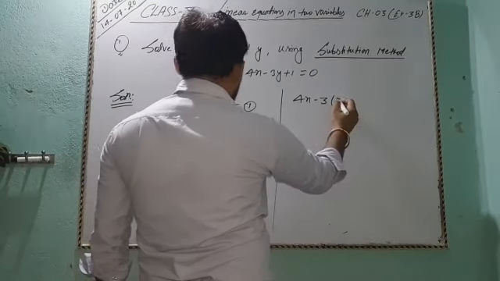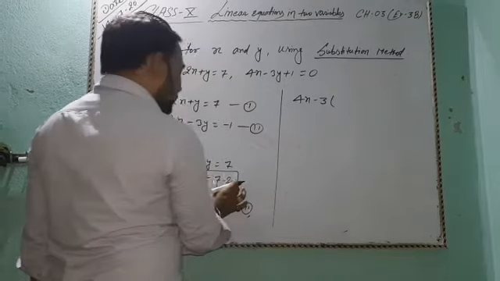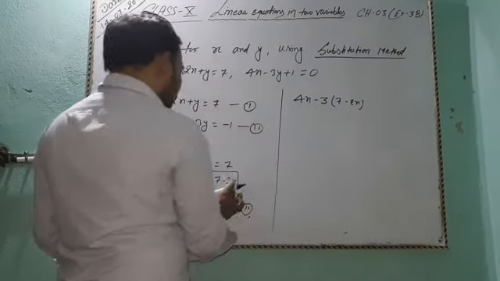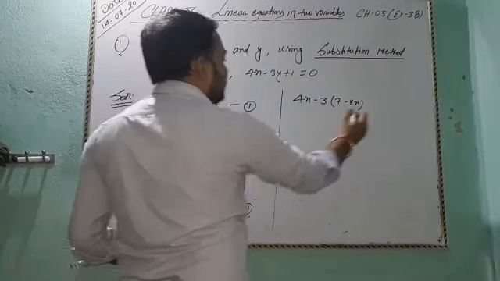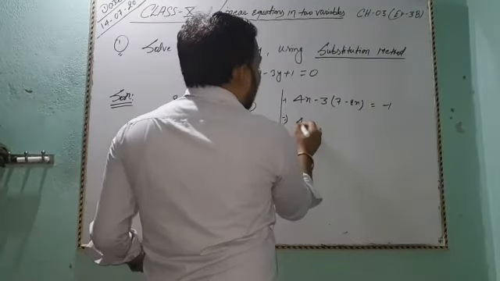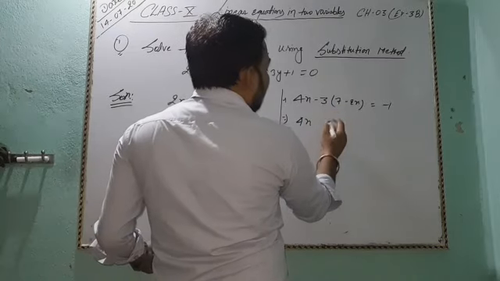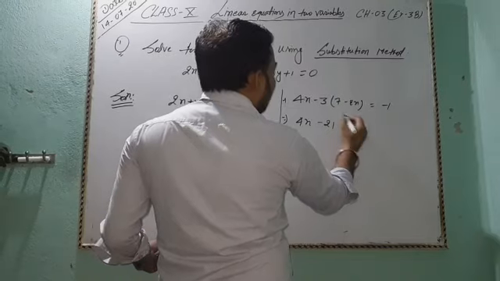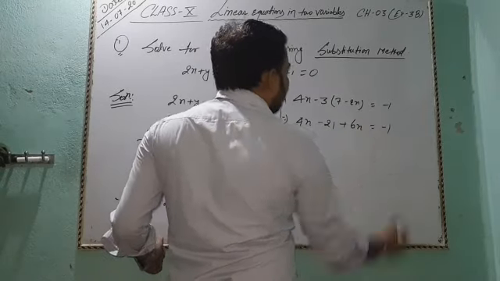So 4x minus 3 times (7 minus 2x) equal to minus 1. Okay, so this implies 4x minus 21 plus 6x equal to minus 1, after removing the bracket.